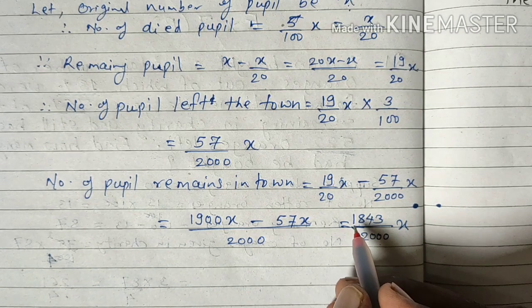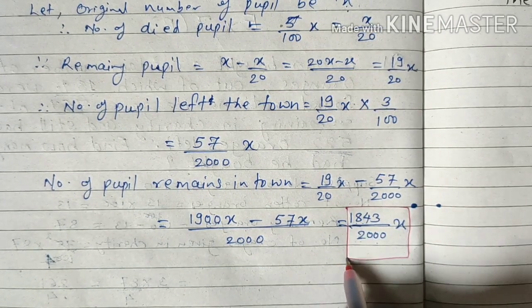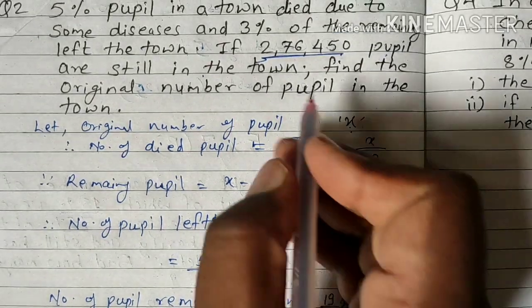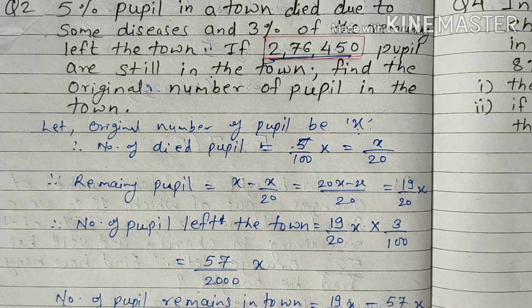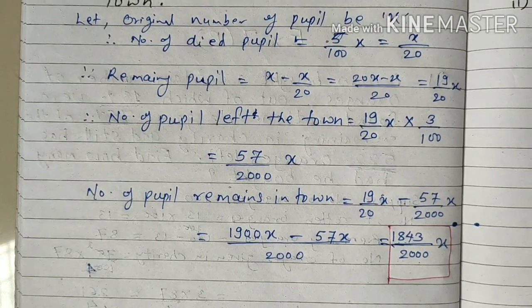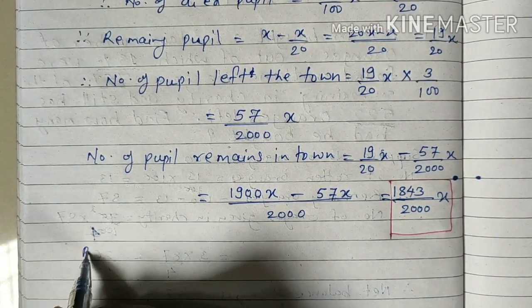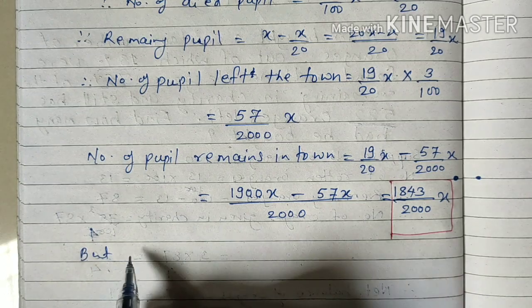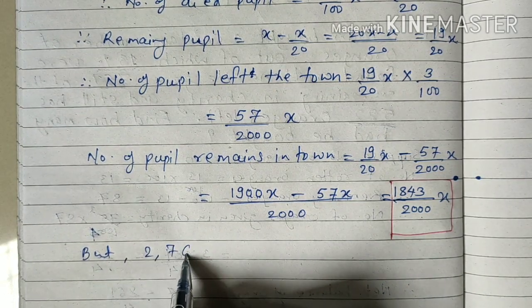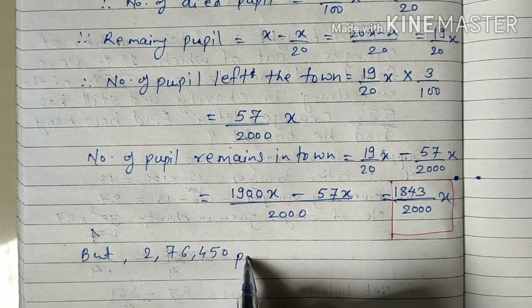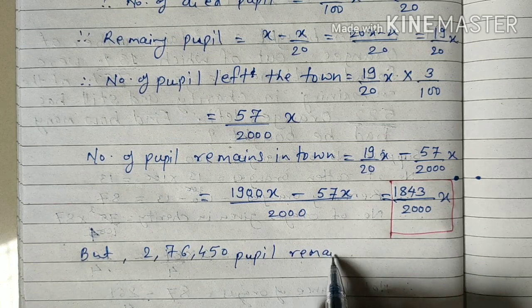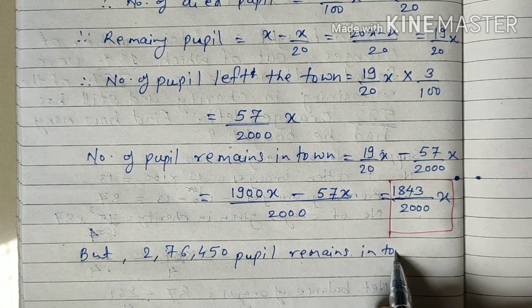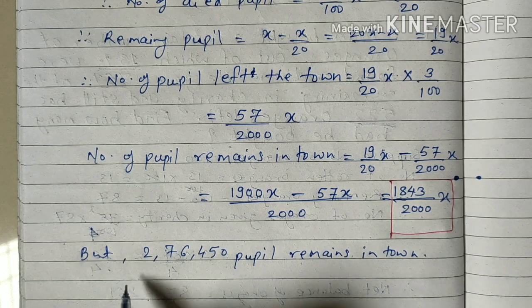Means the value we calculated and the value which is given in the question will be the same. So we can equate these two values. 2,76,450 people remain in the town, it is given in the question.